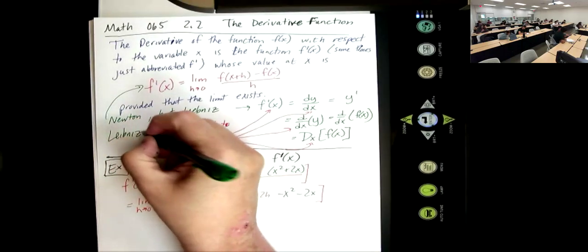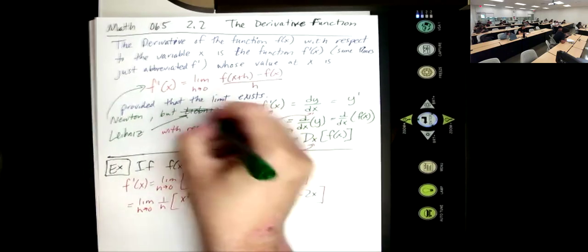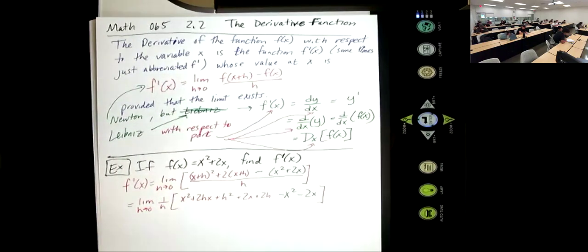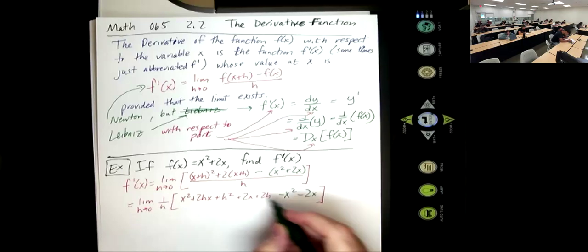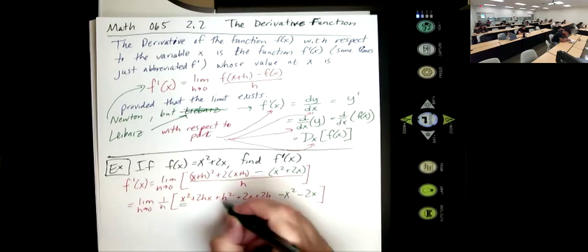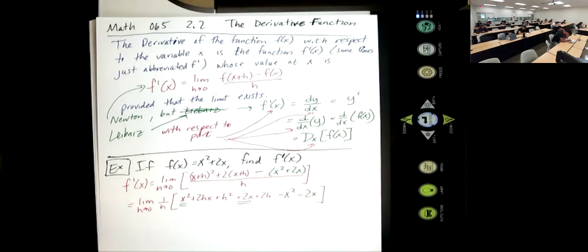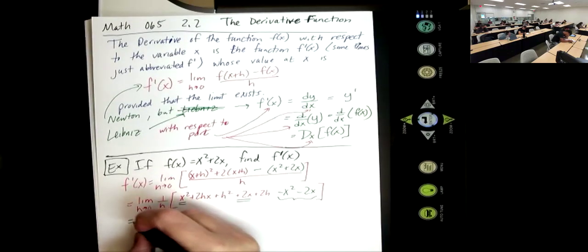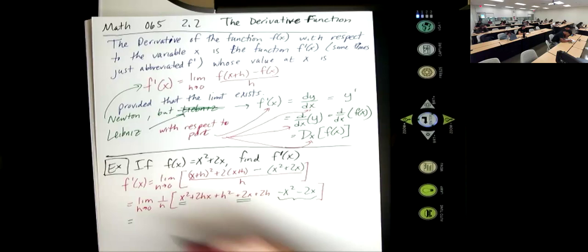Leibniz, I think, is what it is. Well, these should cancel: negative x squared is there, and negative 2x or positive 2x is there. They'll cancel those. We have the limit as h goes to 0.